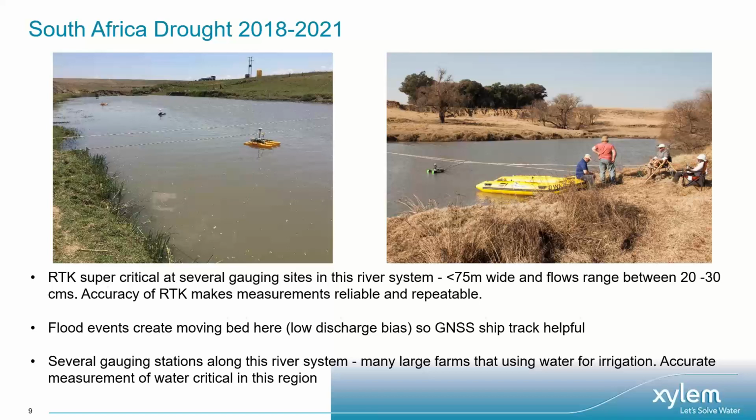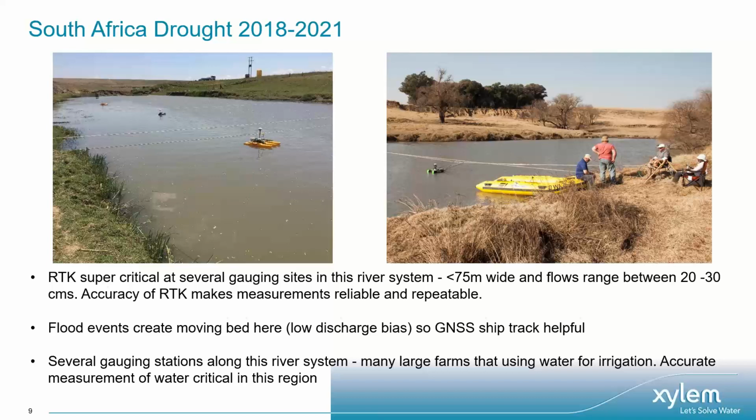And so in that case, their GNSS or GPS ship track data was critical in terms of the repeatability of the measurement.